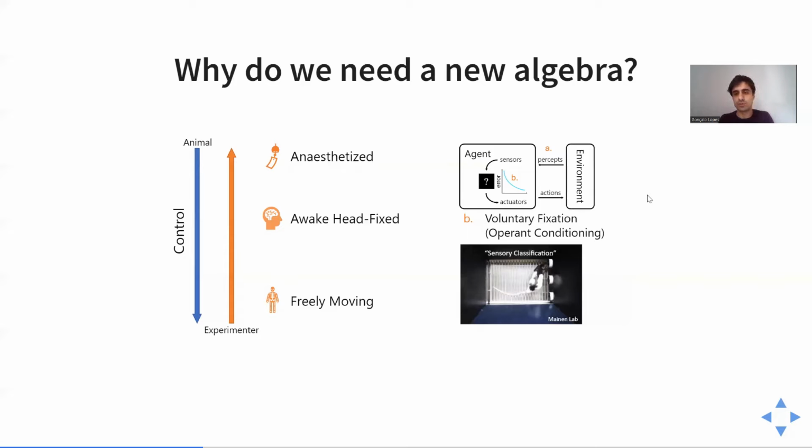But again, to do this, we need really precise ways to keep track of what the animal is doing, and to deliver stimulus and feedback to the animal of what the outcome of its actions is.